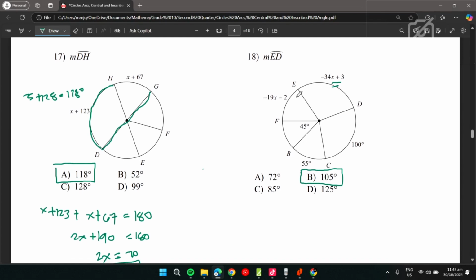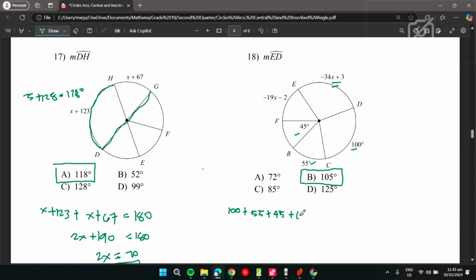So again, we know that the sum of everything is 360, because we are considering the entire circle. So let's show it. This is 100, this is 100 plus 55, this one, and then plus 45, this one. Plus, what is that?